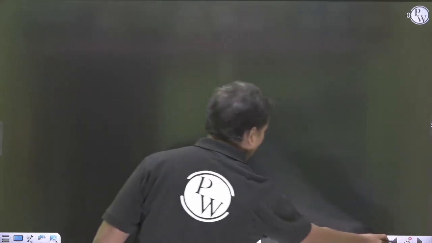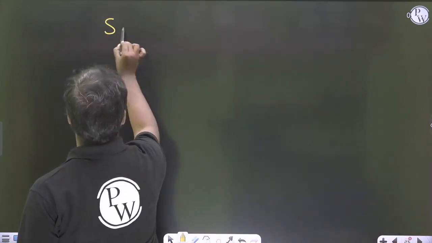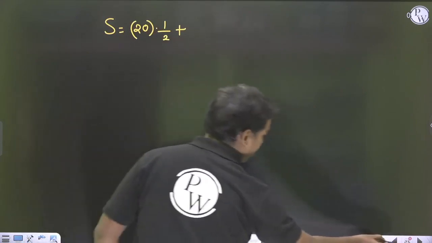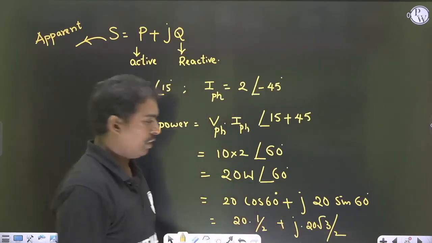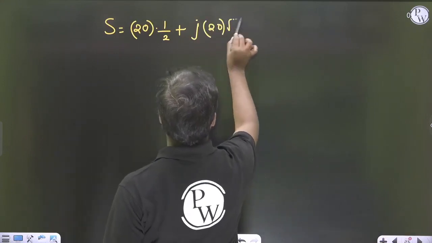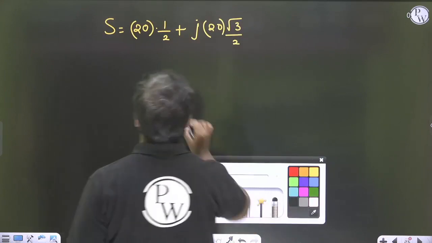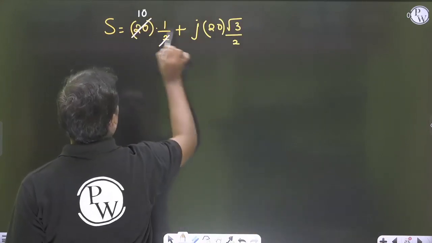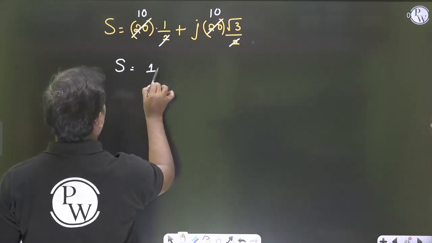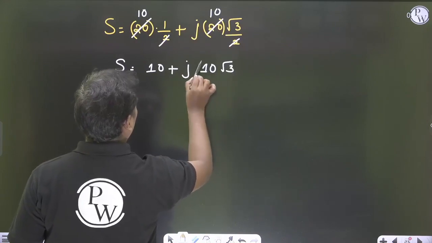So the apparent power S is equal to 20 into 1 by 2 plus j 20 into root 3 by 2. So this will be 10, and this will be 10 root 3. So S will be 10 plus j 10 root 3.